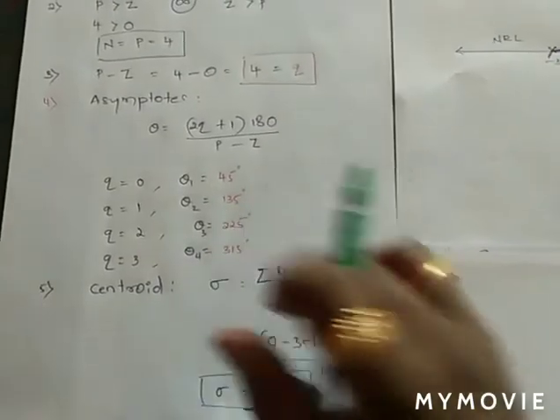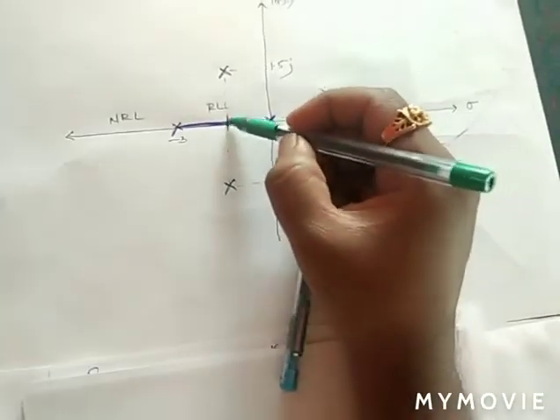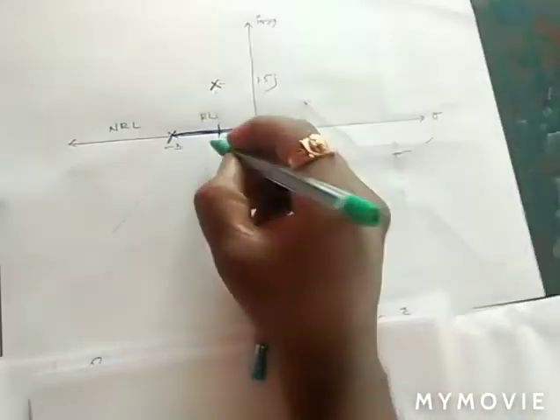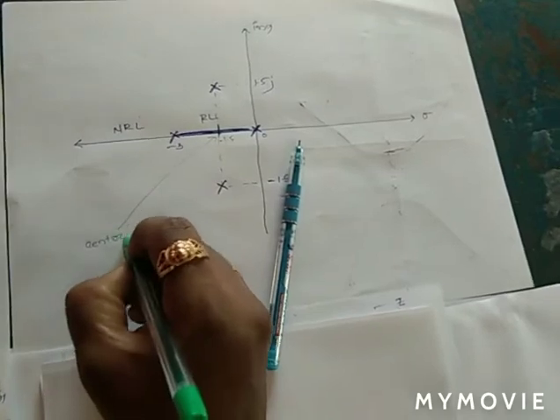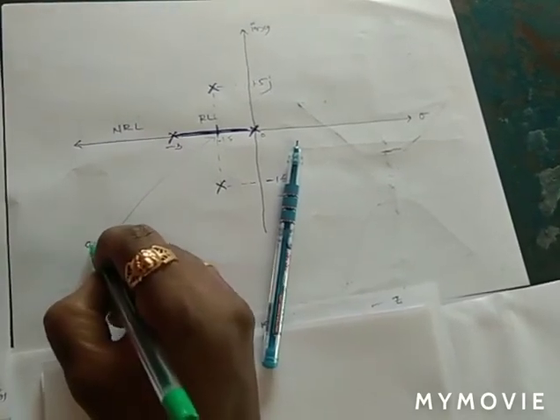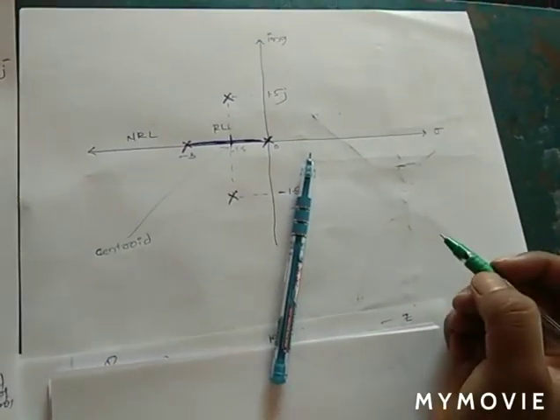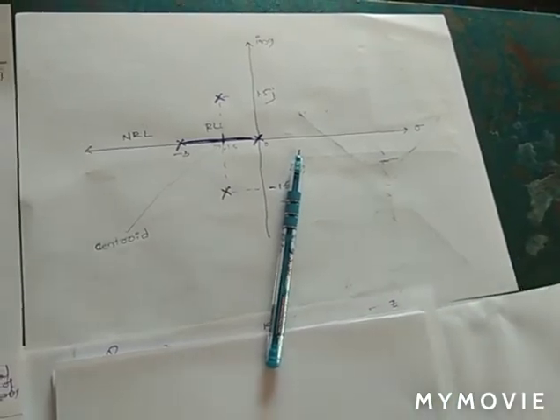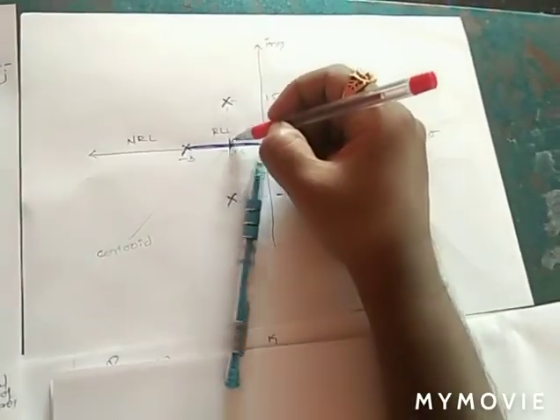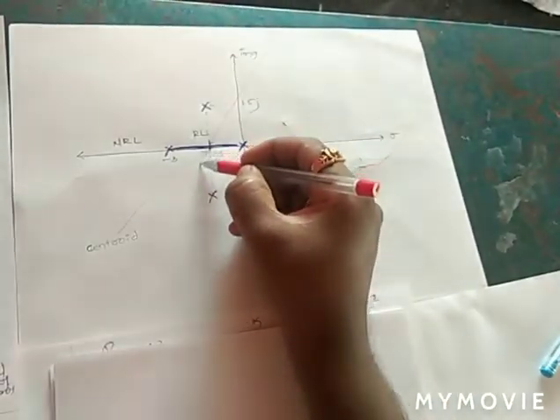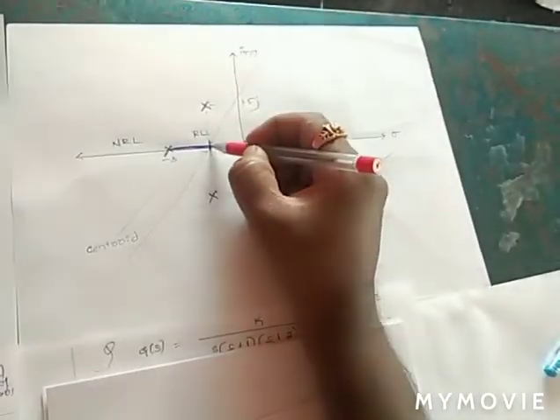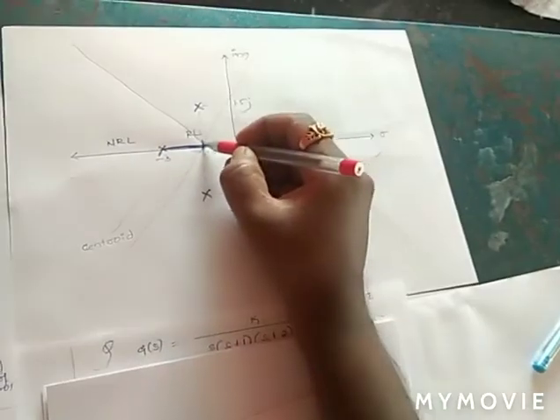Then we need to draw the angles. So centroid I had marked down minus 1.5. I'll mention it. Centroid minus 1.5. Then I will draw the angles 45, 135.